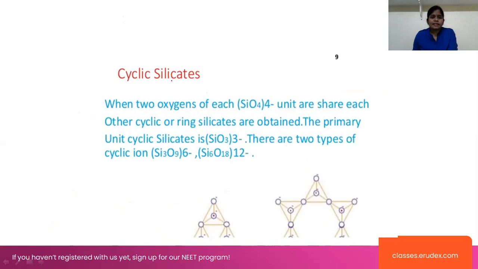Look at in the cyclic silicates, when 2 oxygen atoms of each SiO4 4 minus unit are shared with each other, cyclic or ring structures are obtained. The primary unit of cyclic silicates is, look at, in this case, we are taking the units as SiO4 with minus, minus, and here it is O minus here. Now, we will take this representation like this.